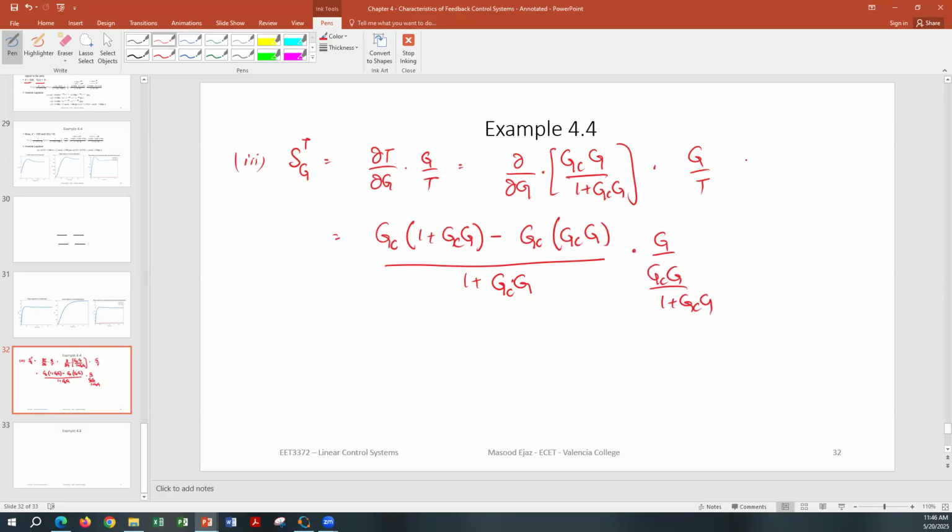And we know that the sensitivity function after canceling and whatever is going to come out to be 1 over 1 plus G_C G. After we simplify it, we did that already.